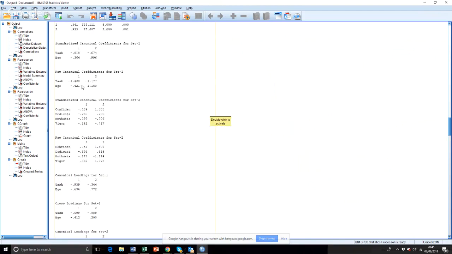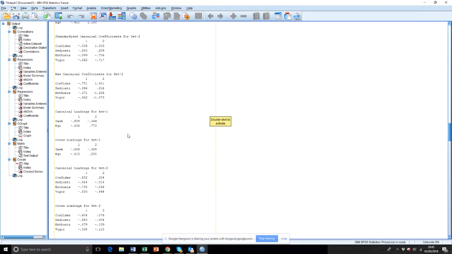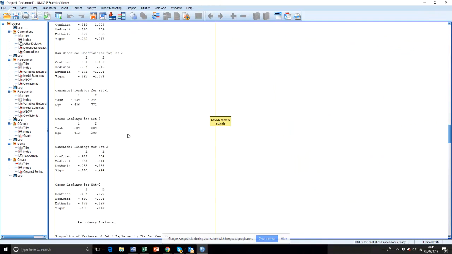Standardized loadings are used to load the variable into the factors, so task orientation times minus 0.18 into the factor, ego times minus 0.16 into the factor. Same for the engagement characteristics. And then once those factors have been created, what we're left with is something called canonical loadings.